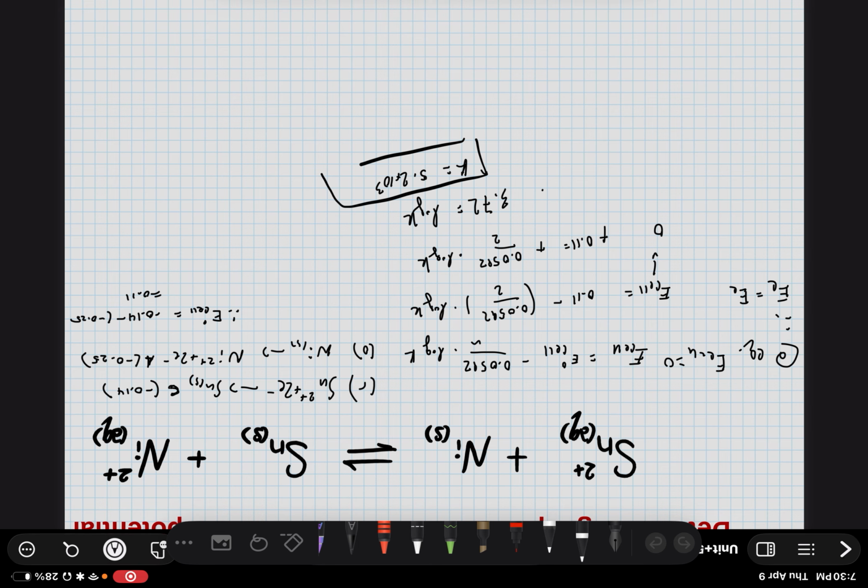So if I use 0.119, that's wrong. But that's the value they give you in the formula sheet. Okay, so you get 5.2 times 10 to the 3, right?